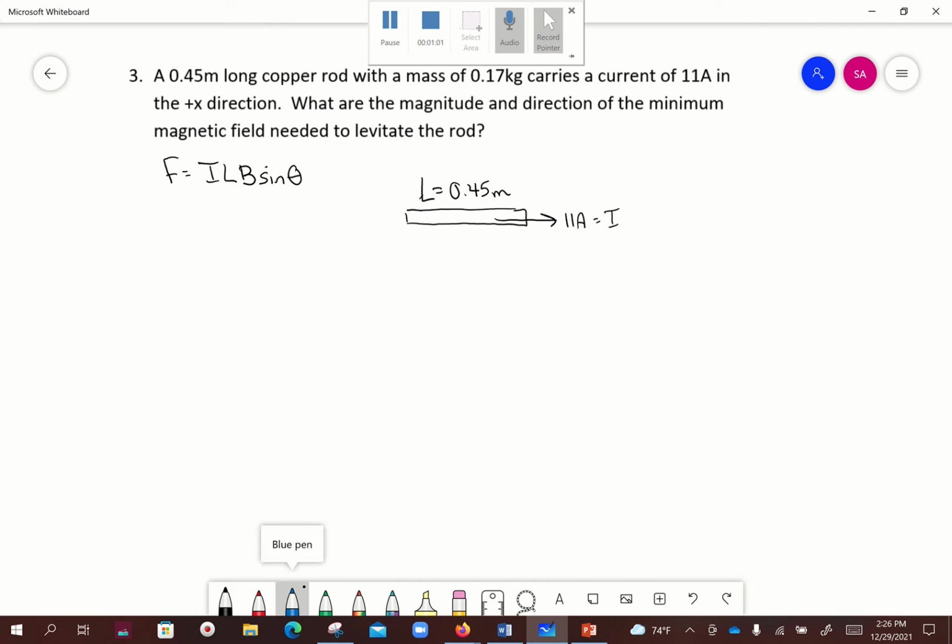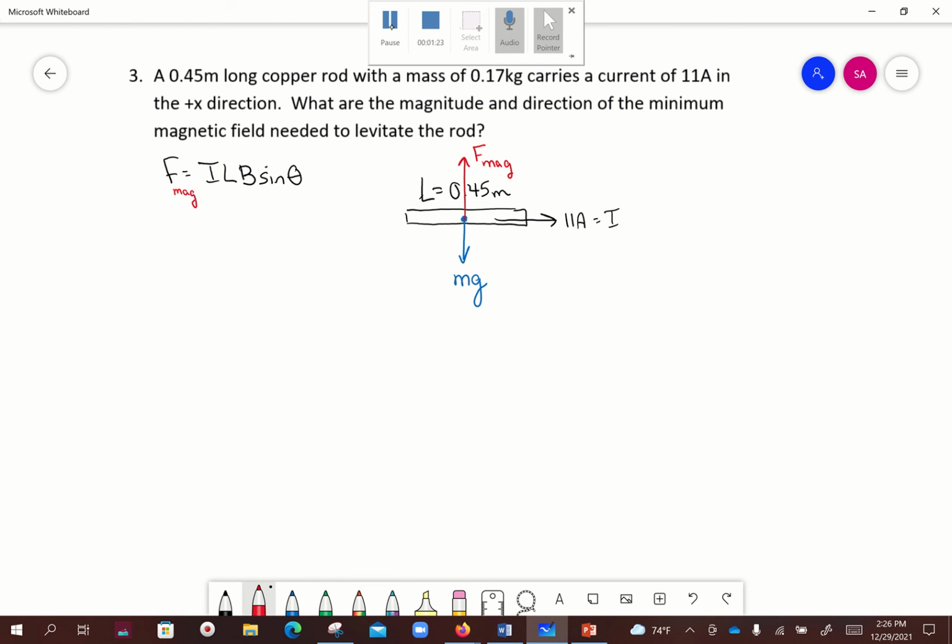So what's going on in that case? Well, what we know from chapter 4 in Physics 1 is that there's always a weight, force mg, downwards. And in this case, we're going to have a magnetic force upwards. So the magnetic force is my equation ILB sine theta.